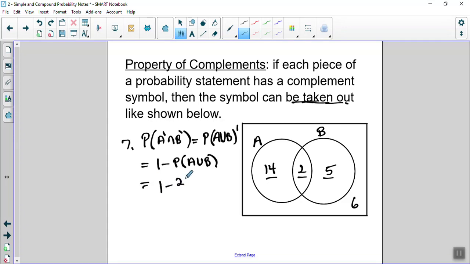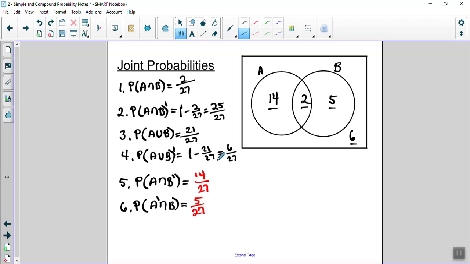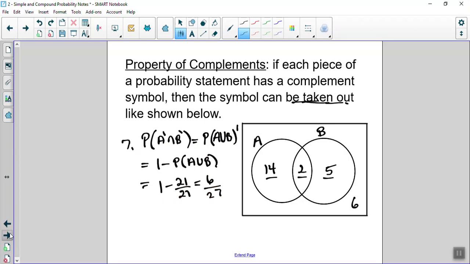So 1 minus 21 over 27 is 6 over 27. And you might have seen that before in our previous page, right? We saw a 6 out of 27 right there because we knew how to find that. Okay, that's the beauty of using this property of complements.